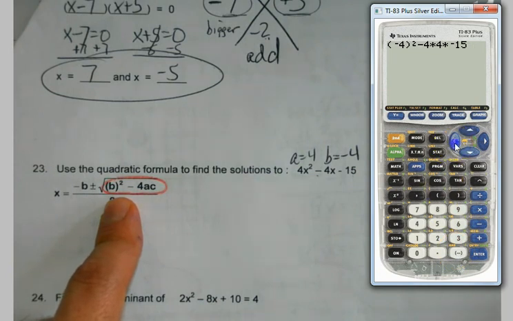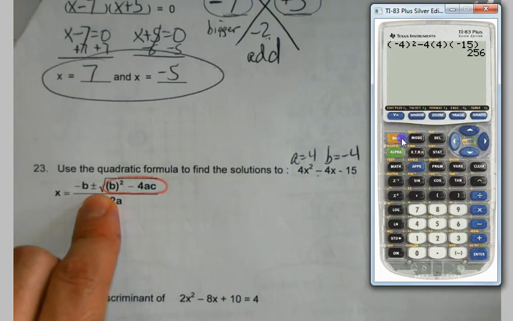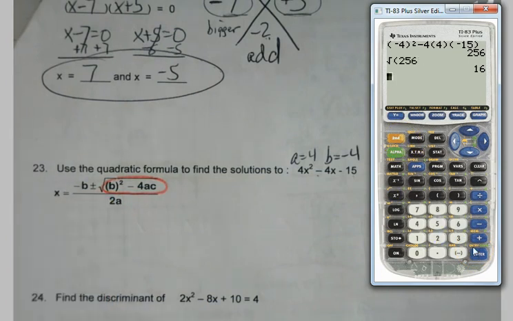I should be better about that and use my parentheses. Good lesson. So I get that, but then again, I'm taking the square root of it. So the square root of 256 is 16.